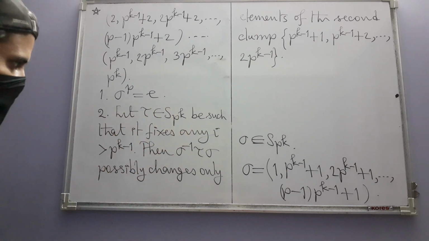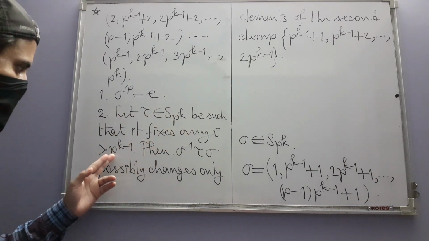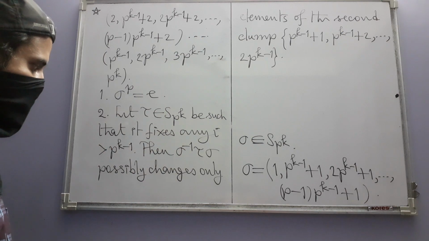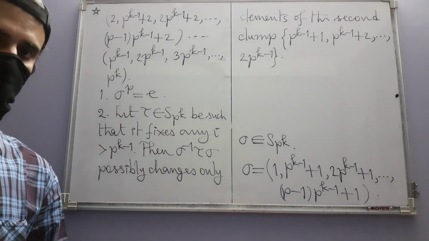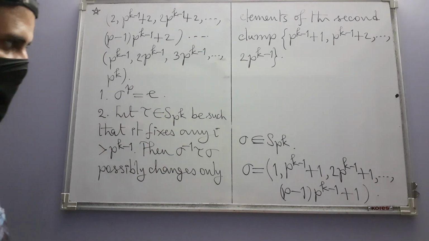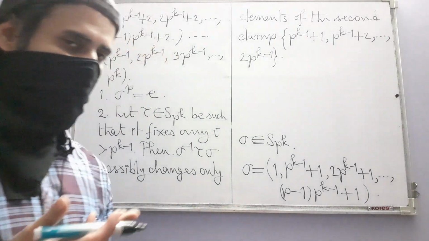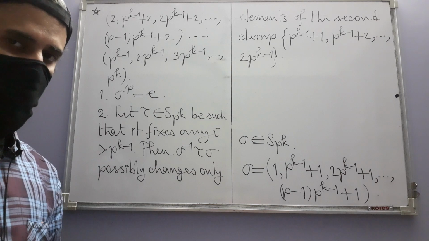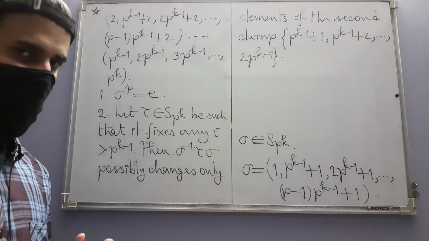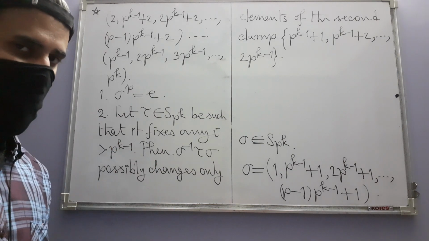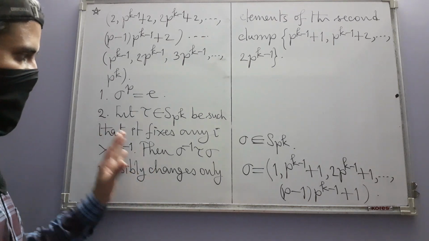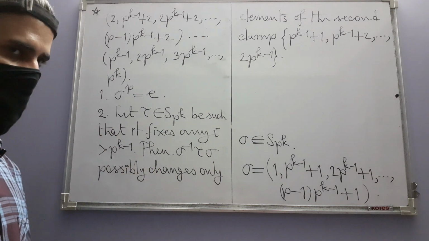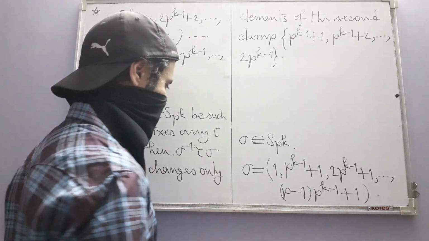Tau is a permutation which fixes any i greater than p to the power k minus 1. What it means is that every permutation in this group changes the symbols in whatever way it wants, how the permutation behaves, that's how it changes the symbols, because it's after all a function.